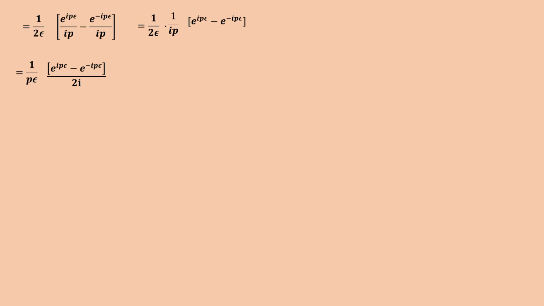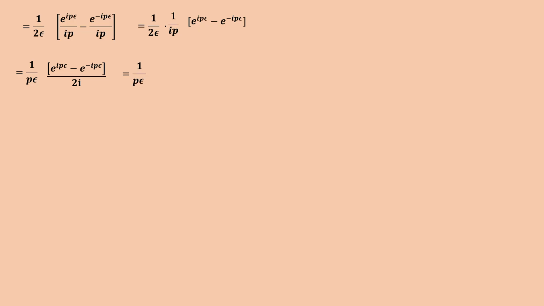So we take p epsilon, consider p epsilon as 1, 1 by p epsilon, and the remaining 2i goes to the denominator: e power i p epsilon minus e power minus i p epsilon by 2i.